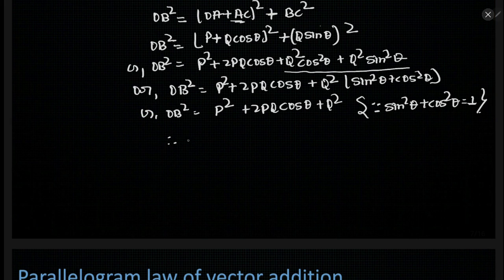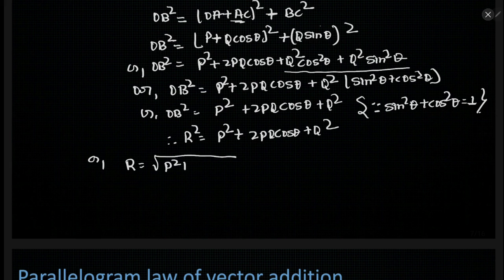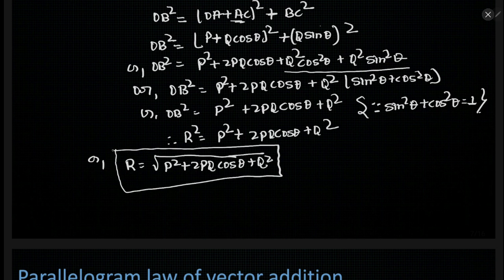Therefore R square is equal to P square plus 2PQ cos theta plus Q square, or R is equal to root under P square plus 2PQ cos theta plus Q square. So this is our resultant for the triangle law of vector addition.